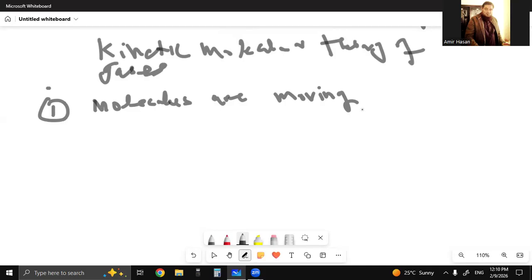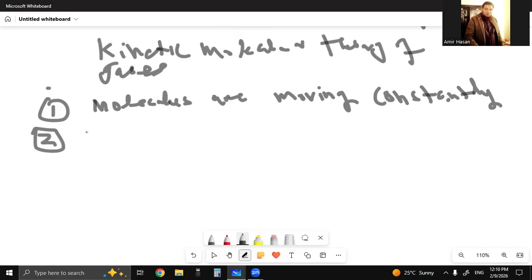When molecules are moving, it means kinetic energy is present in the molecules. Molecules move constantly because there is kinetic energy present in them. According to the kinetic theory of gases, molecules move constantly in a gas.